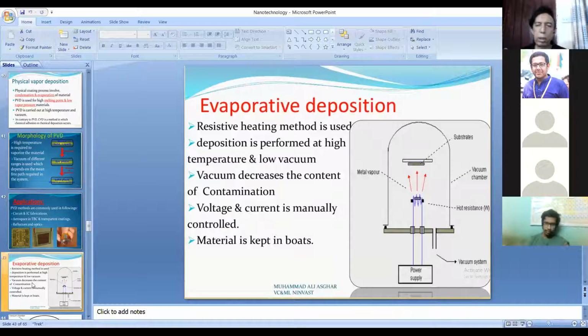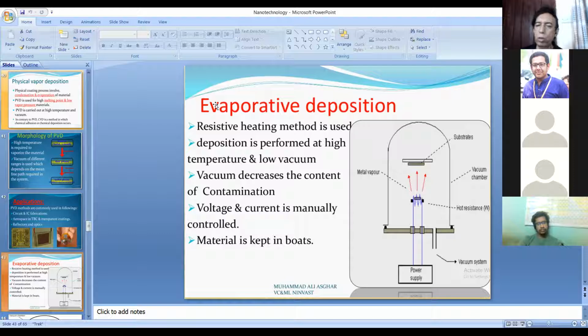Now we'll see the main thing, how we can make a thin film by physical vapor deposition. One process is evaporative deposition, or deposition by evaporation.